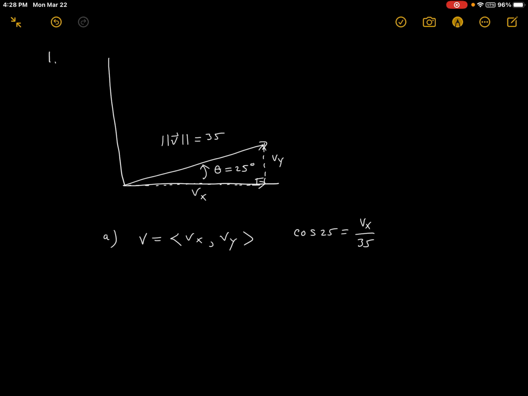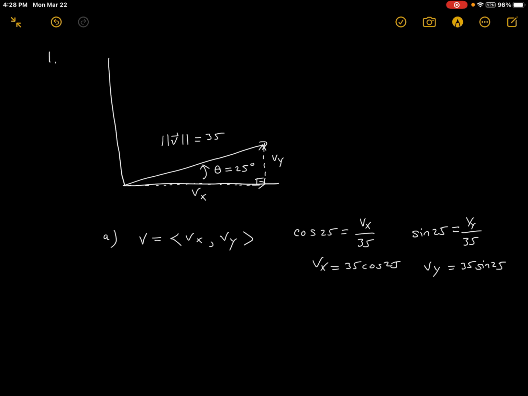If you get Vx by itself, it's just 35 cosine 25. Likewise, for Vy, sine of 25 is equal to opposite over hypotenuse, so Vy over 35. And if you get Vy by itself, it's 35 sine 25.